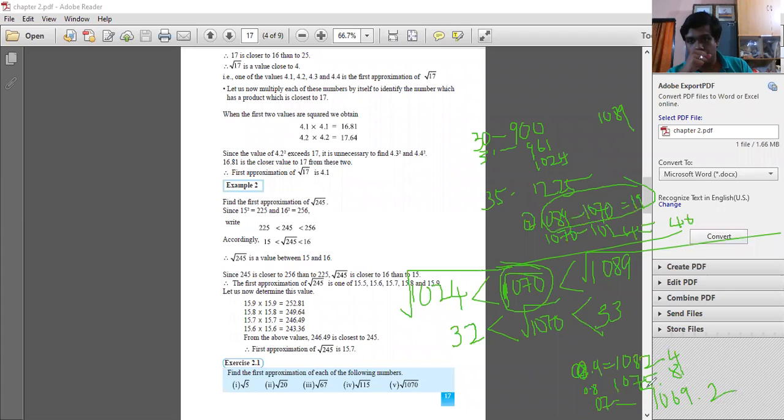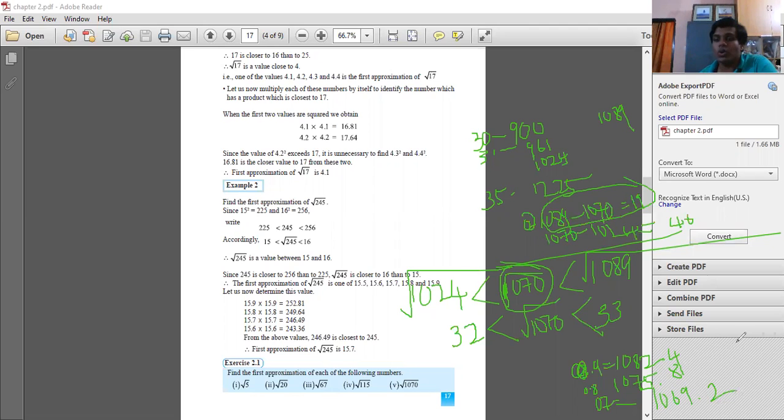Hence we make a guess that the square root of 1070 will fall between 32 and 33, but closer to 33. So we took 32.9: the square of 32.9 is 1082.4. The square of 32.8 is 1075.8. The square of 32.7 is 1069.2.